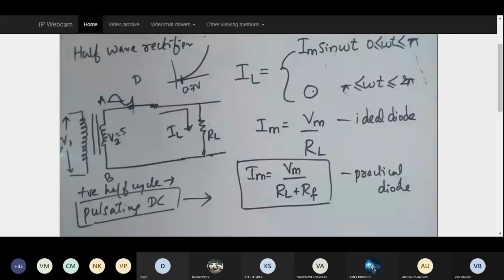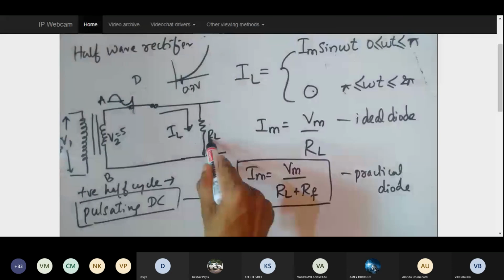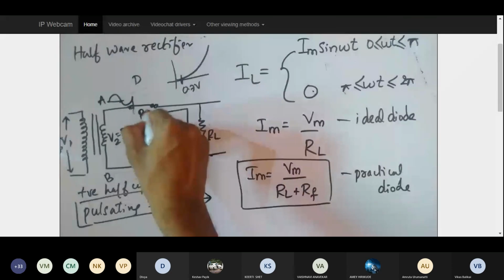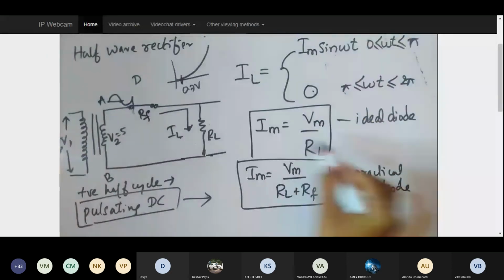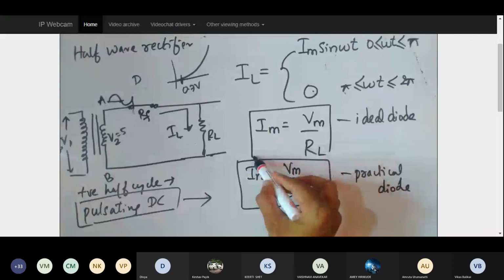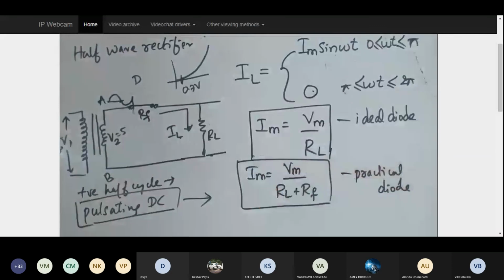So along with RL, there will be a resistance by the name RF in your diode. So for my practical diode, the equation for my IM will be VM divided by RL plus RF. That will be your practical diode condition.